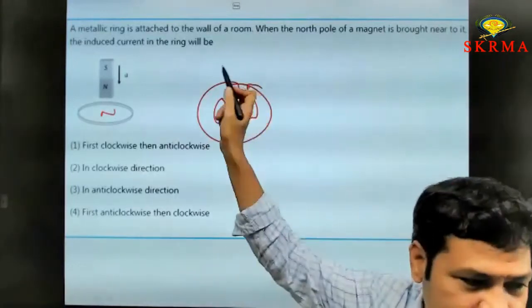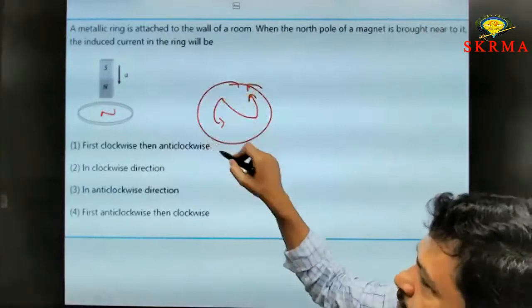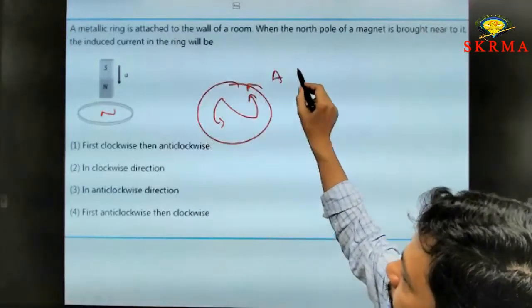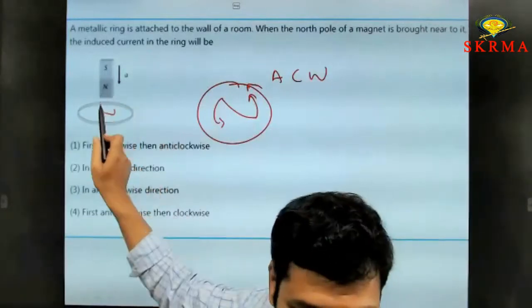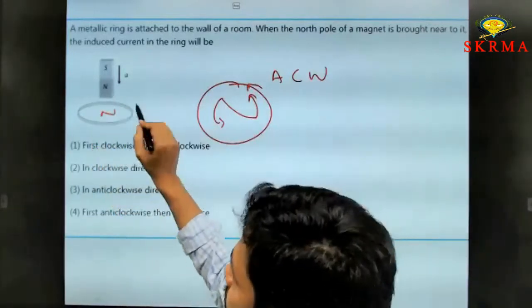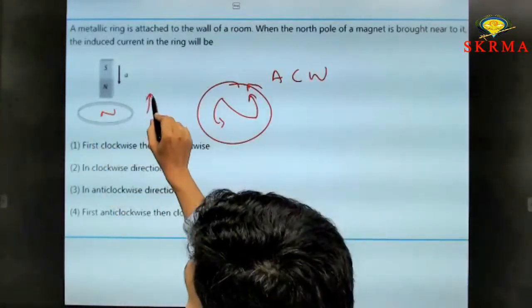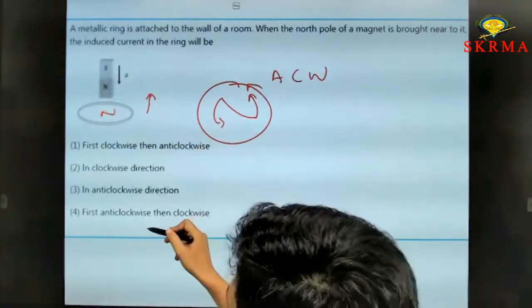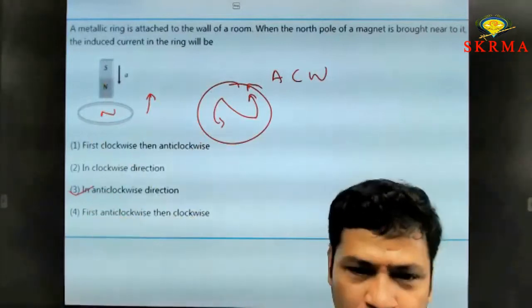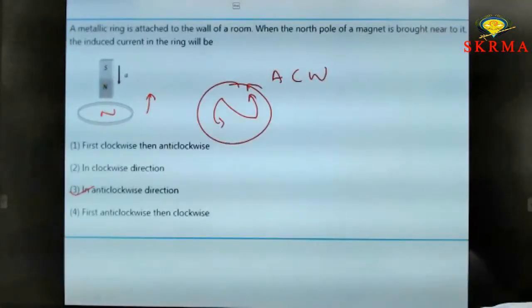The direction of induced current is anti-clockwise. According to Lenz's law, this acts like a north pole in order to oppose the source. The correct option here is the anti-clockwise direction.